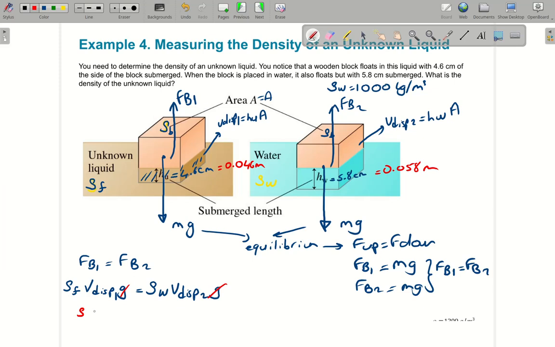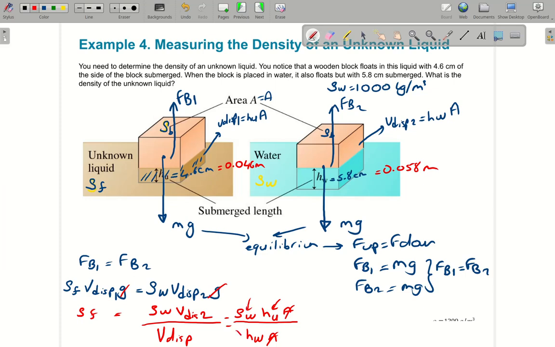So from here, rho fluid is equal to rho water times V displaced 2 over V displaced 1. Now I put in all the values. V displaced 1 is the height that sinks in the fluid, h1 times A, divided by V displaced 2, the height that sinks in water times A. A also cancels here.